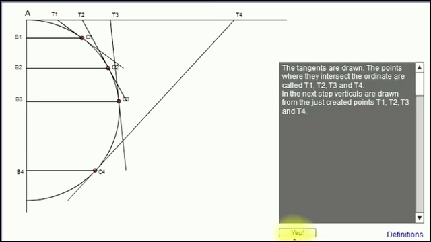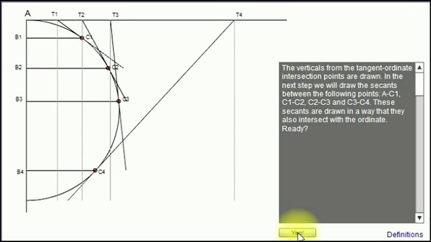In another step, we draw verticals from these tangent intersection points, like this. And you see already we have some sort of a grid, and there are various intersection points of the verticals and the ordinates, which we shall use later to define some areas.